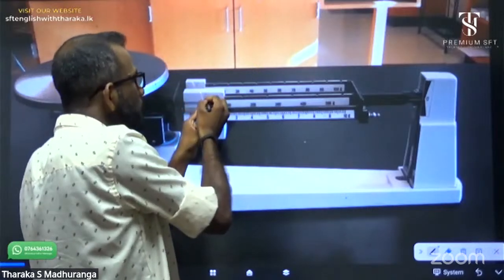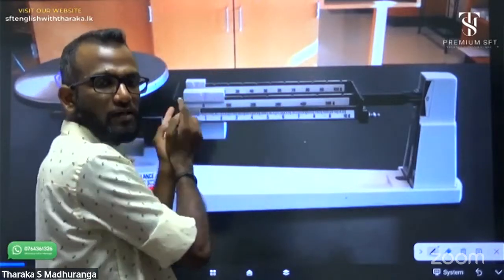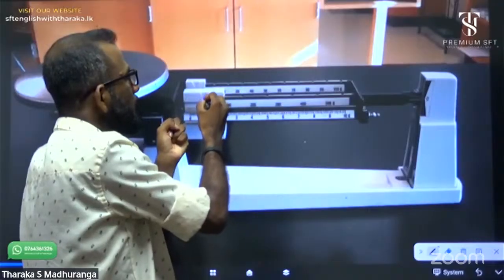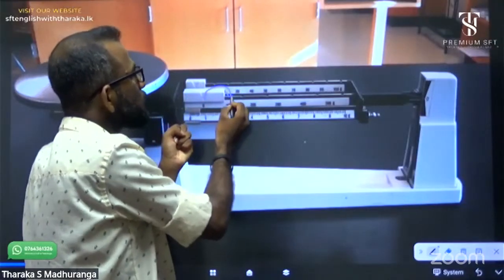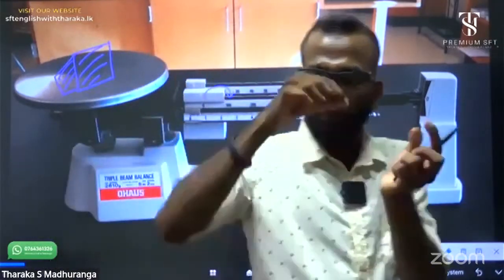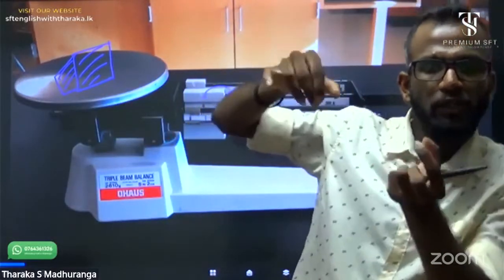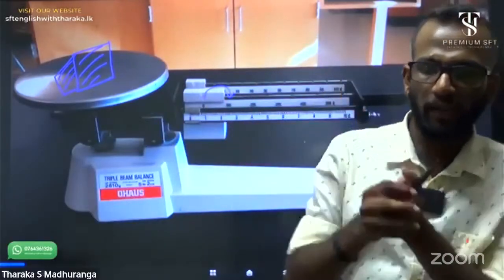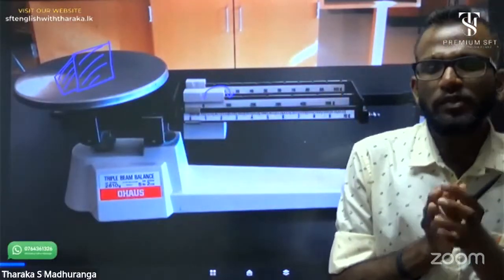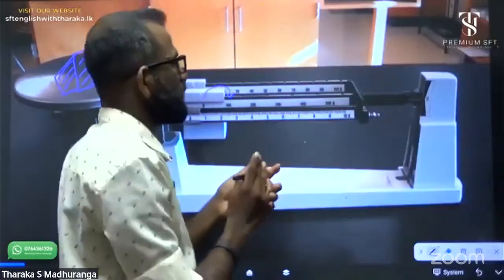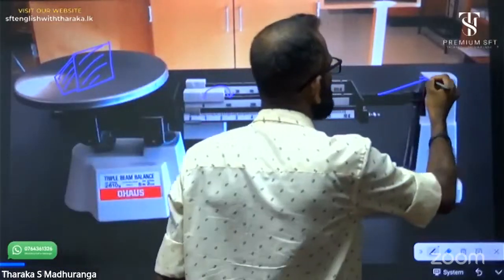This 100-gram rider on the middle beam is the heaviest mass. Shift it into the first groove. First groove means 100 gram. Now think there is no change. The pointer is still up.